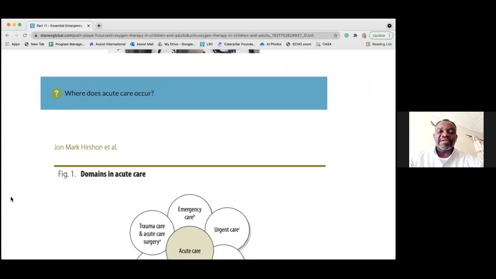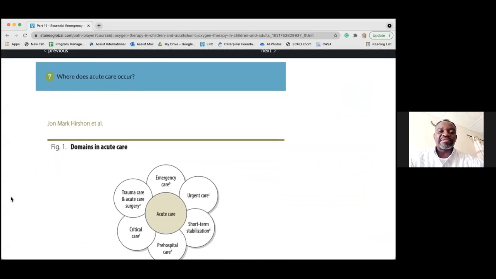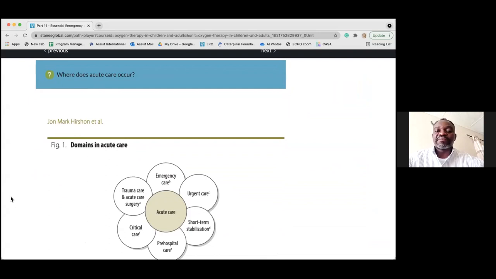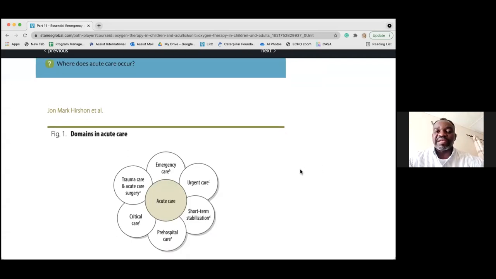So we would like to know, where does acute care occur? It's somewhat like asking, where does the general condition of the patient change? As we know, the general condition of the patient can change anywhere in the world, in the acute emergency room, in the ICU, in the theater, at any point where the patient can be identified.